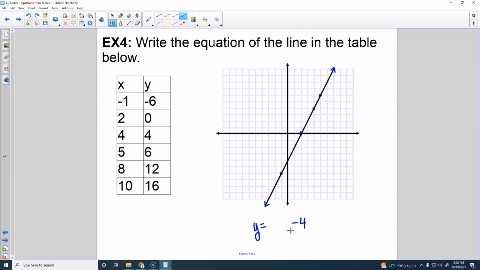What's the slope, Eddie? It's y-intercept. What's our slope?